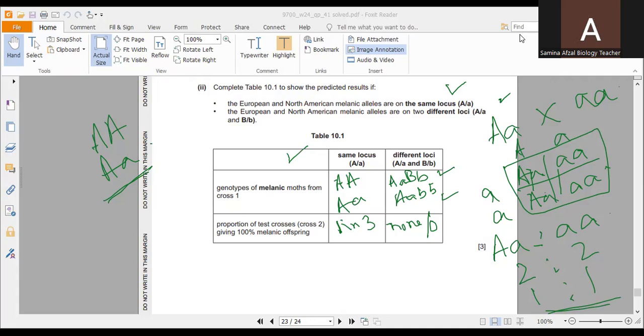And the proportion of test crosses giving 100% melanic offspring will be none or 0. Therefore, no test cross will produce 100% melanic offspring. So in this way, this is the scenario in both these cases.